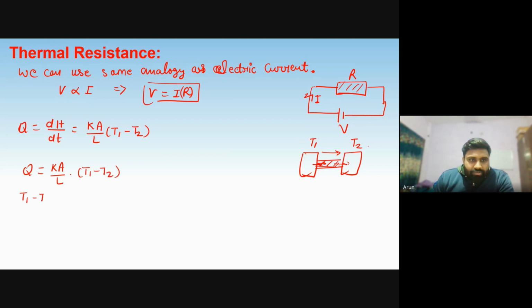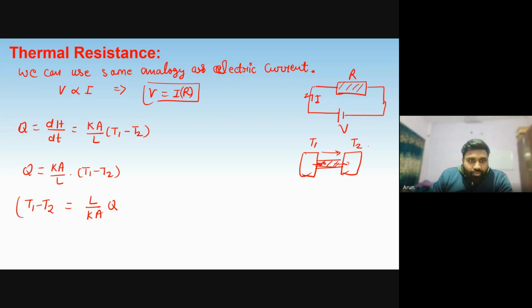Here (T1 minus T2) upon L is the temperature gradient, I will talk about that. But if you see here, T1 minus T2 equals L upon KA into Q. And Q is nothing but dH by dt, the heat current; the rate of heat transfer is the heat current.